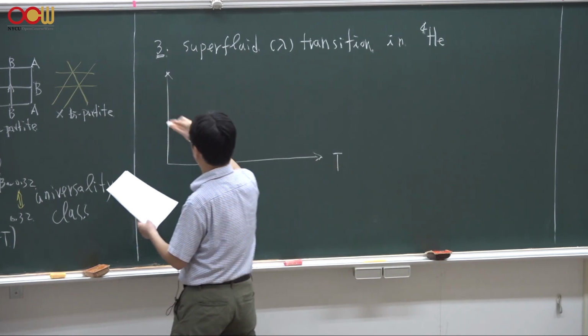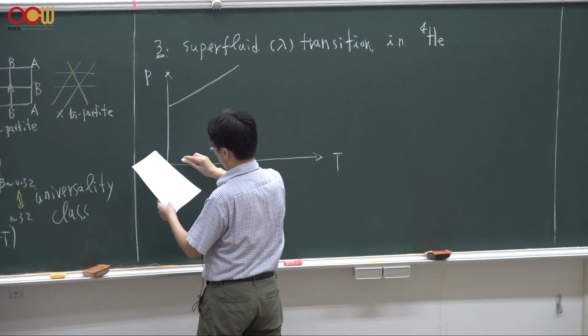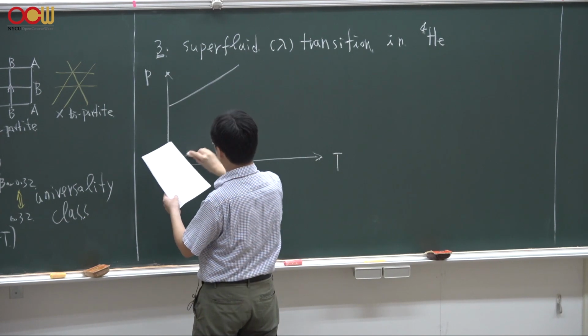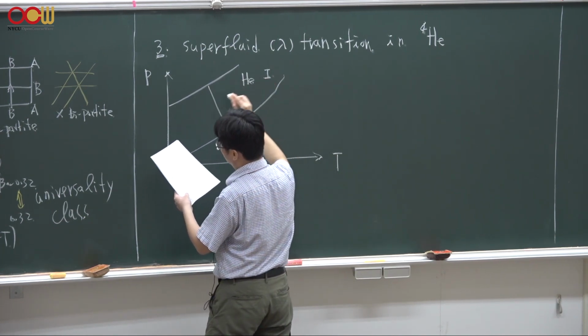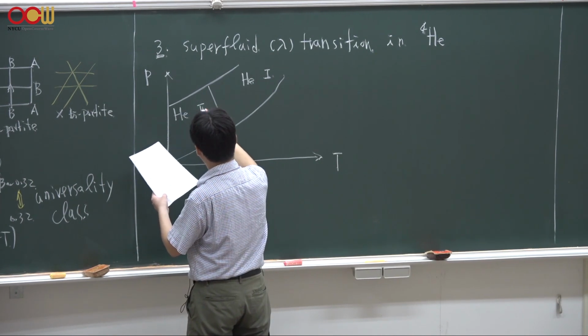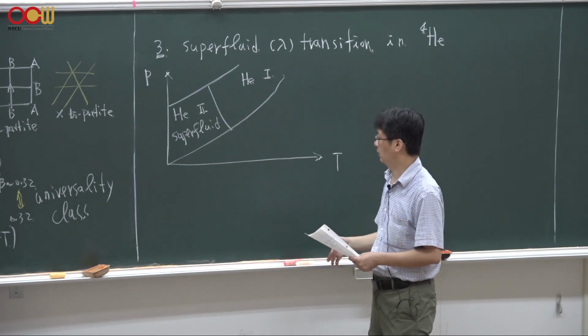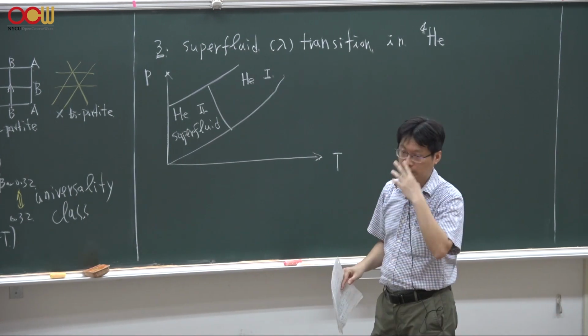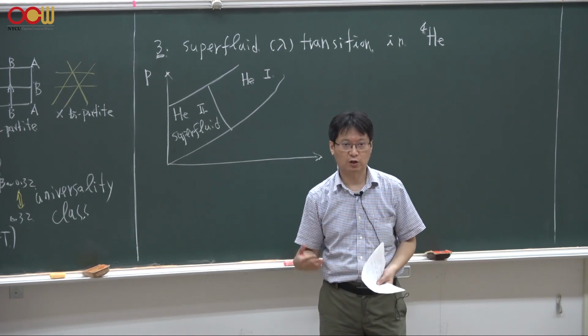This is a phase diagram of liquid helium. It has this famous lambda transition, with phase 1, the normal fluid, and phase 2, a superfluid. We will describe the phenomenon of superfluidity later, but in short, a superfluid is a fluid without viscosity.